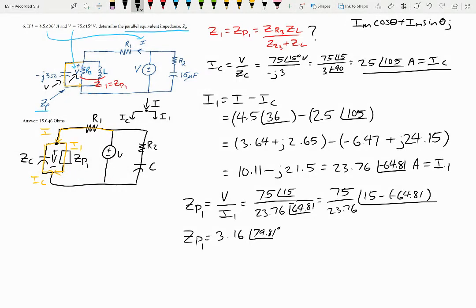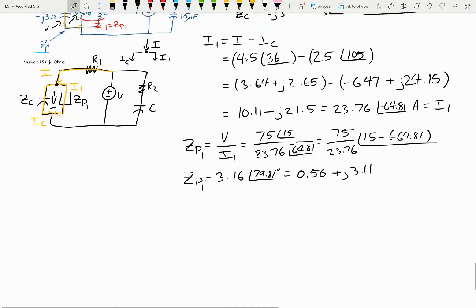Okay. Which, when we break it down to the rectangular form, is 0.56 plus j3.11.